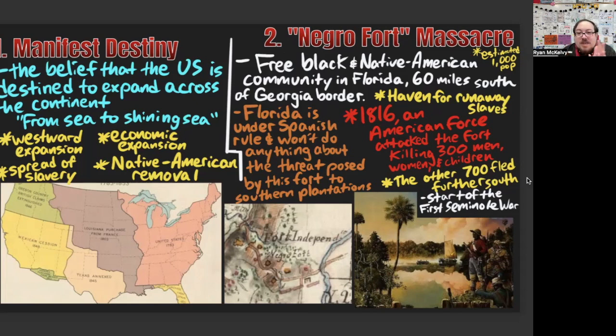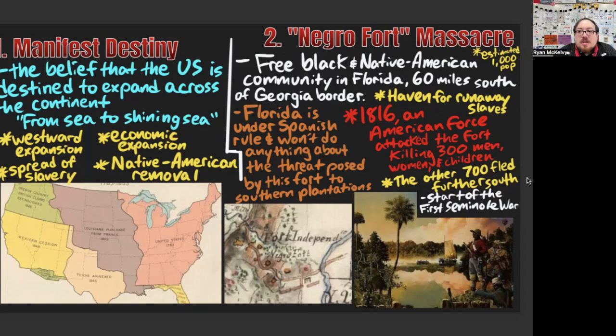They might come over here and free some slaves or try to convince them to run away to Florida. And so eventually the people of Georgia will convince the government to intervene and invade Florida. Basically, the United States has decided that they are going to take matters into their own hands to control Florida and bring it to heel.